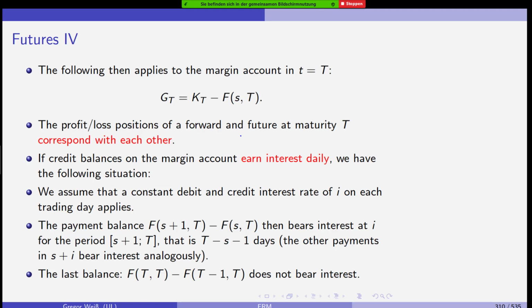That is, on every day, you have a marking to market on your margin account, and the balance on your margin account bears interest at i%. Thus, every day you also have an interest payment. If you have a negative balance on your margin account, you have to pay interest on your loan. And if you have a positive balance, you get a small interest on your margin payments.